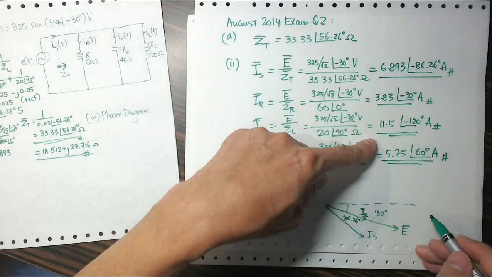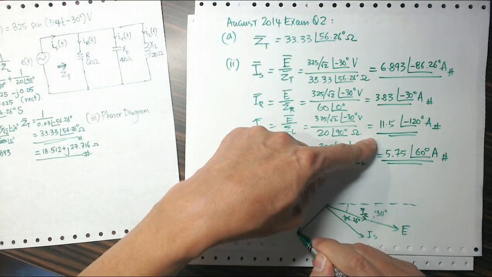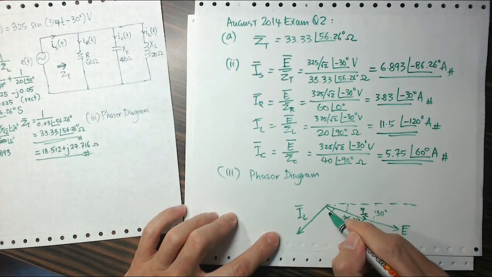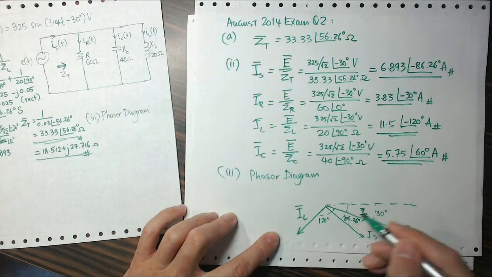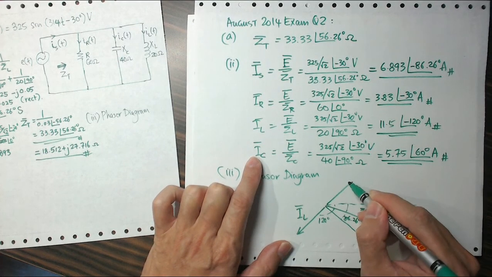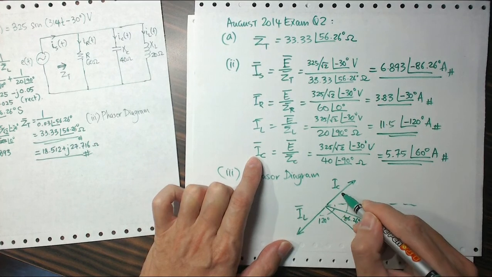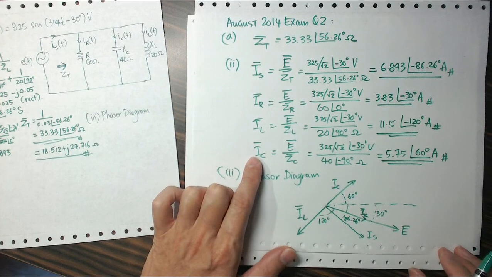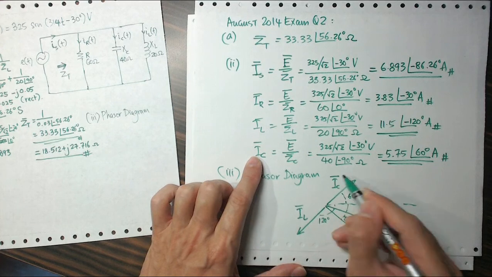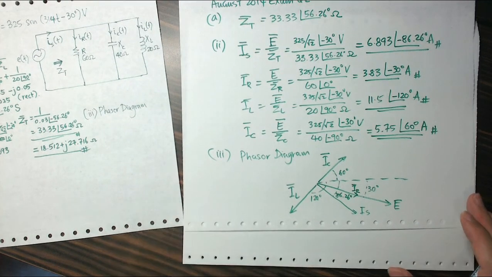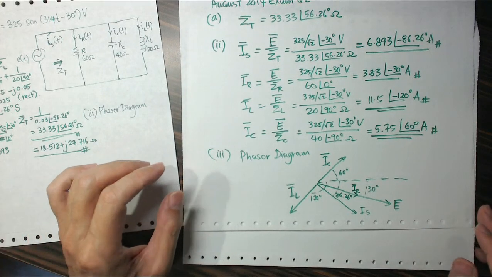IL is at minus 120, so let's put it down. So IL, this angle is 120 degrees. IC is at positive 60, starting at 60 degrees. Alright, so that's the phasor diagram for part A of this question.